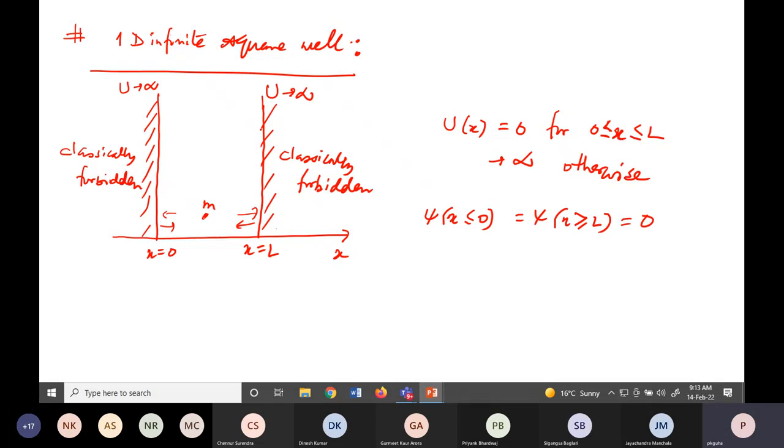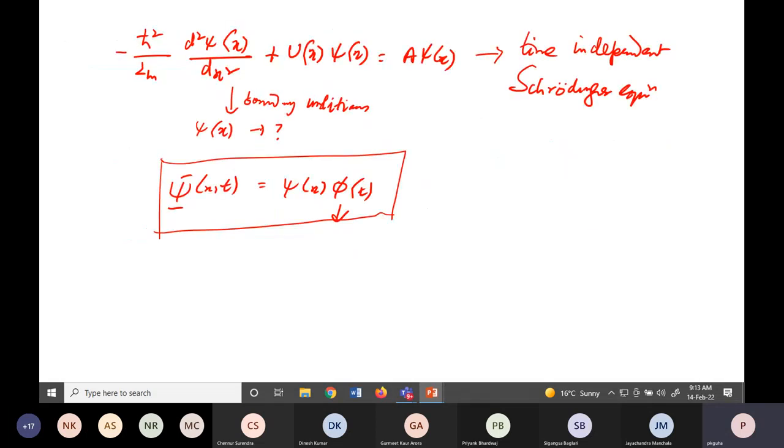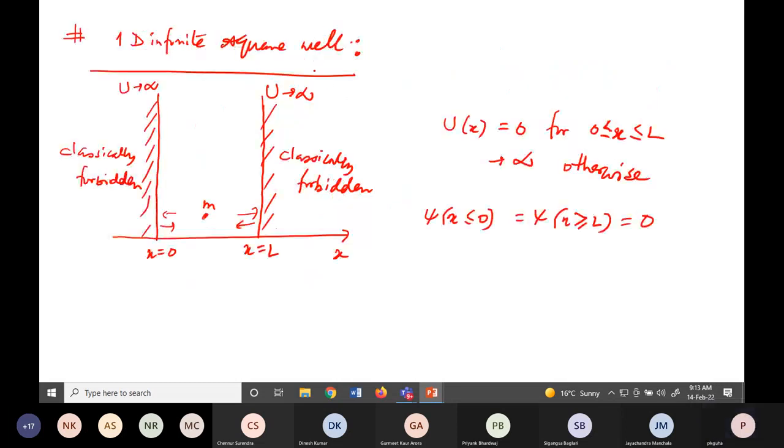So we can rewrite this time independent Schrodinger equation, removing this particular term for this example. If we remove this second term, what will be the expression then?